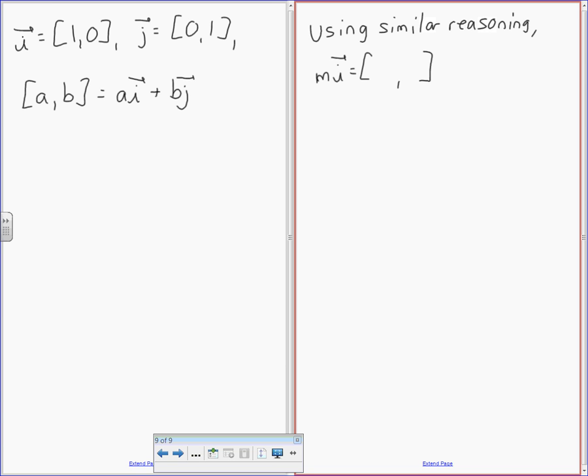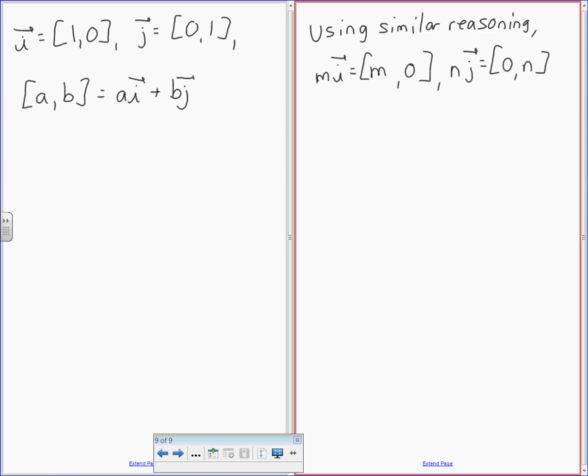What would m i be, please? Yeah, go ahead. [m, 0], very good. The same way, n j, somebody else please, what does n j equal, please? Sorry? Go ahead. [0, n].